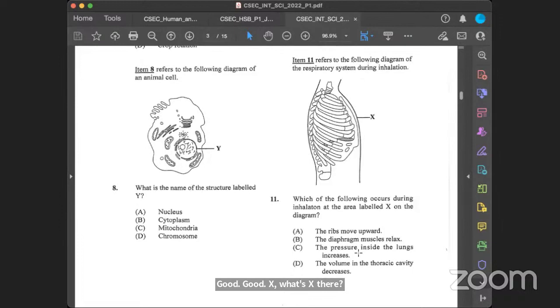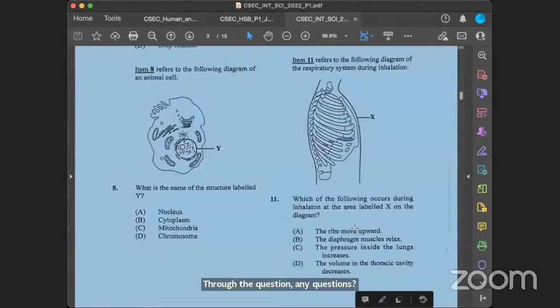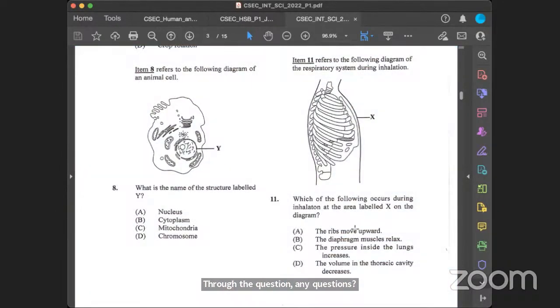Which of the following occurs during inhalation at the area labeled X on the diagram? When you inhale, the ribs move upward. When you inhale, does the diaphragm relax or contract? Contracts and pushes downward. So that's not going to be correct.